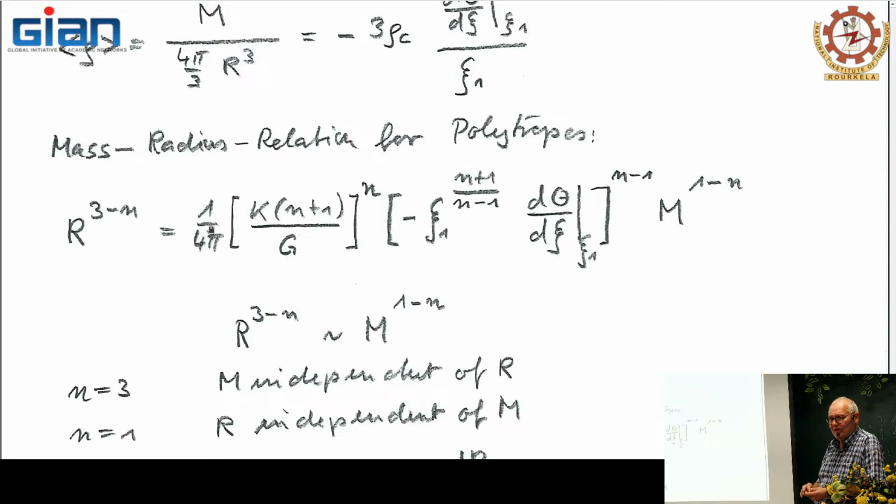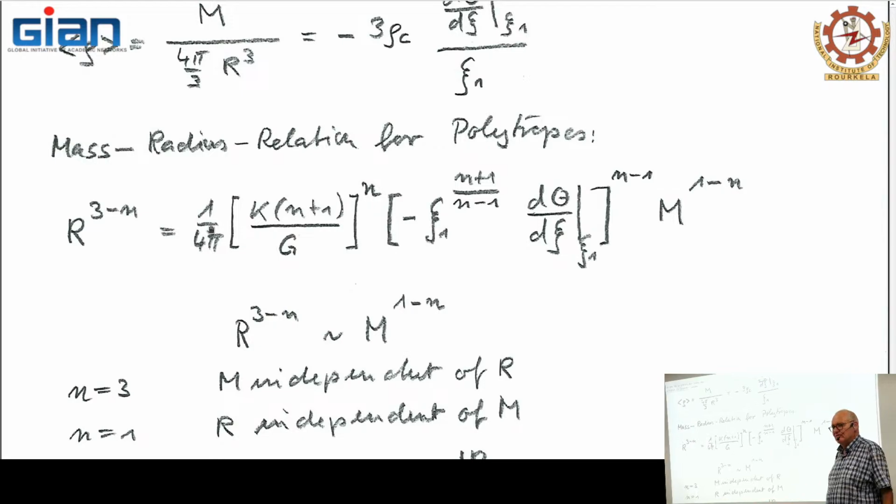A mass-radius relation is always obtained if we prescribe a polytropic relation between pressure and density. We discussed this this morning on the basis of a very simple estimate. Once we assume a relation between pressure and density, then an estimate of hydrostatic equilibrium and mass conservation will lead to a relation between radius and mass.